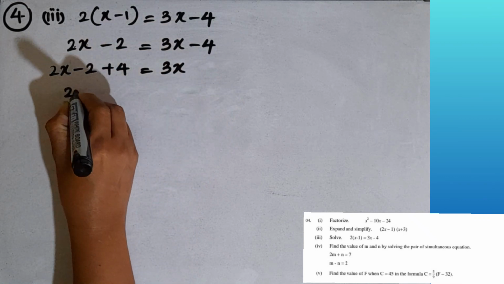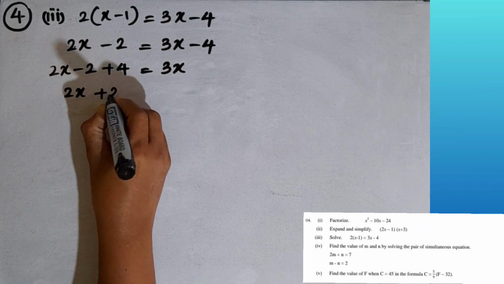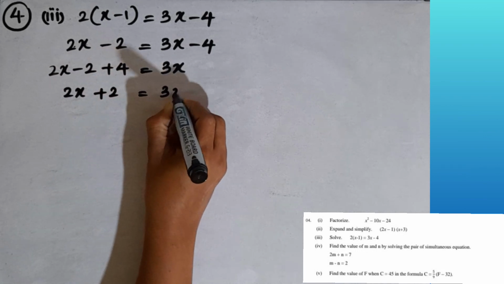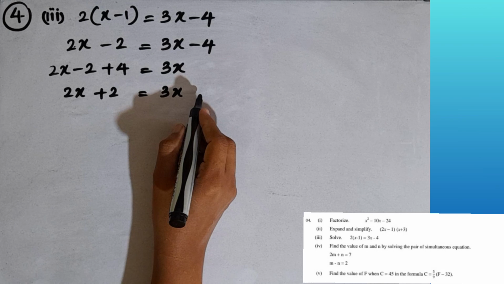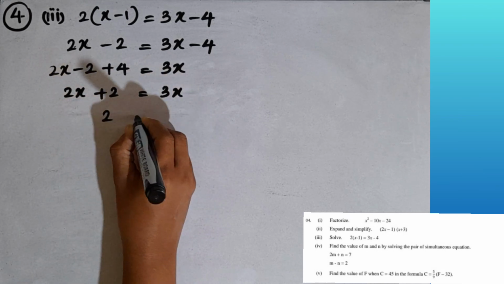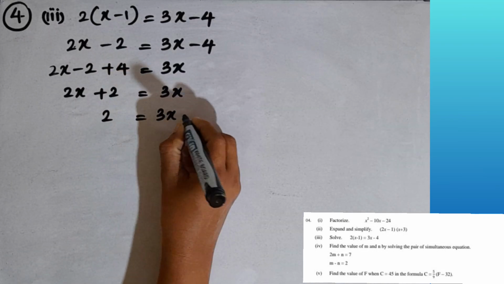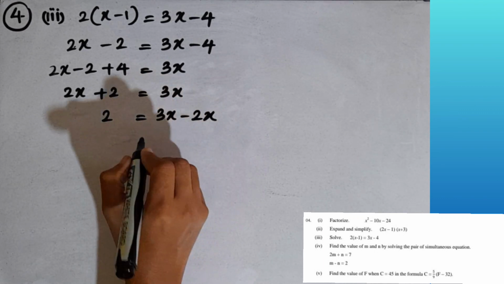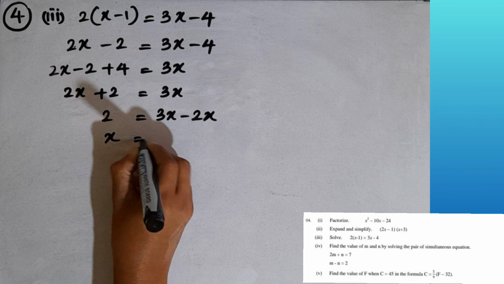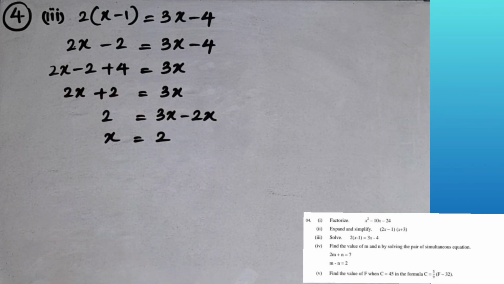Then 2x plus 2 is equal to 3x. Then I am taking this plus 2x to this side, so it becomes minus 2x. 2 equals 3x minus 2x. So 3x minus 2x is 1x. x equals 2. That is the answer.